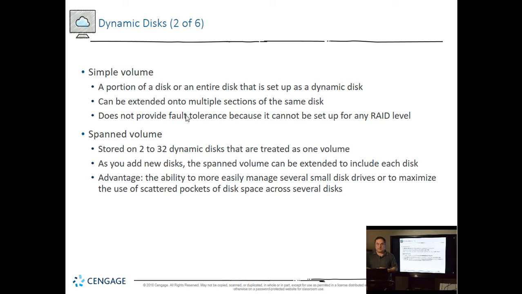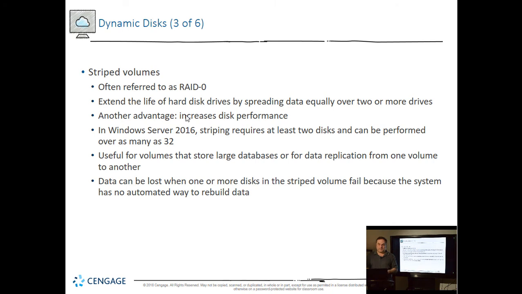A spanned volume is when you span it across many disks, and you can go from 2 to 32 dynamic disks. So if you want to use storage spaces to create a spanned volume, you're going to have to convert them to dynamic disks. The advantage is you can more easily manage several small disks or maximize the use of scattered pockets as well. So lots of flexibility when you do that.